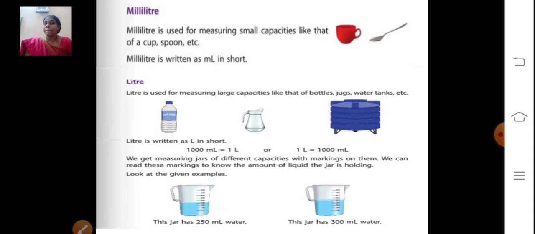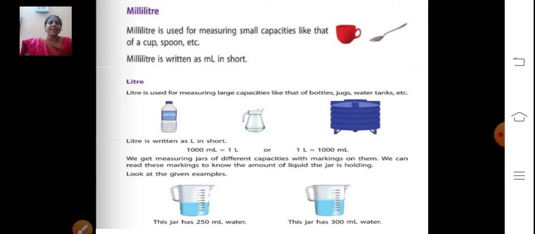First we'll see about milliliter. Milliliter is used for measuring small capacity. For example, a cup can hold only a small amount, right? And a spoon can also hold a small amount. Milliliter is written as ml in short.